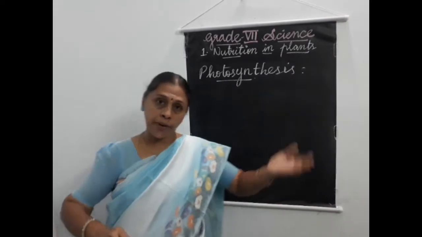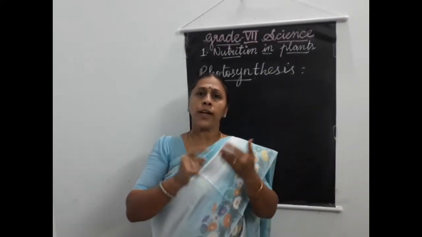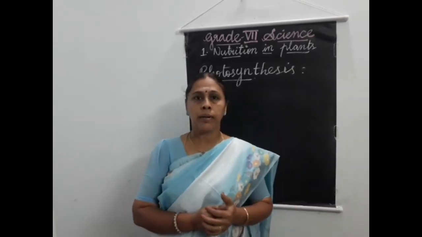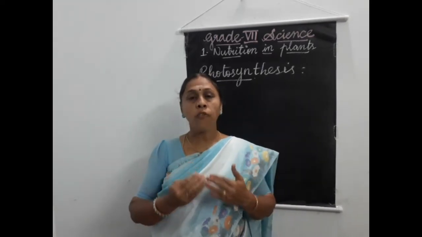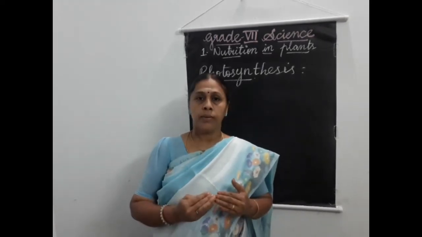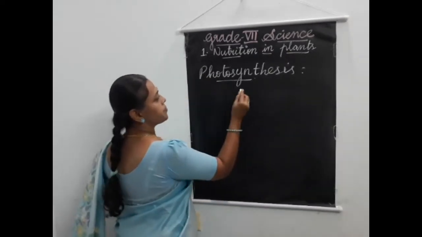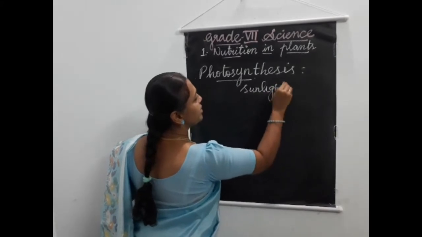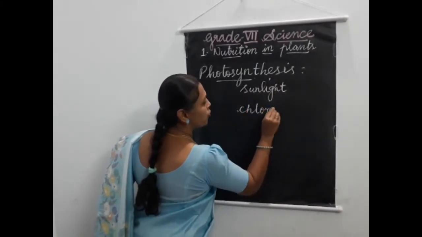Already you learnt from the lower grades, from grade 3 itself I think, grades 3, 4, 5, 6, you would have learnt about this topic. So what is photosynthesis? The process of preparing food using sunlight in the presence of chlorophyll.